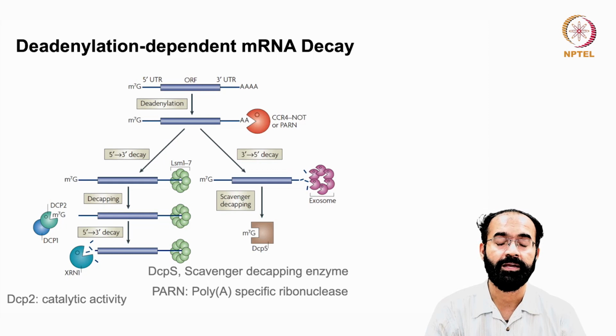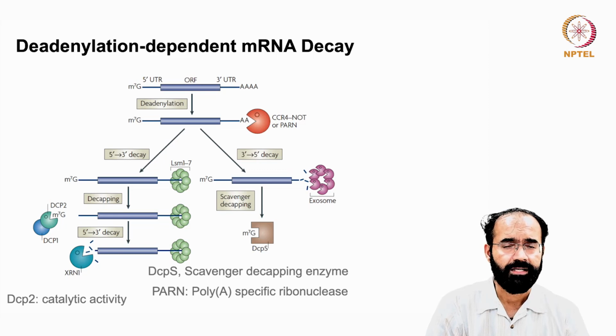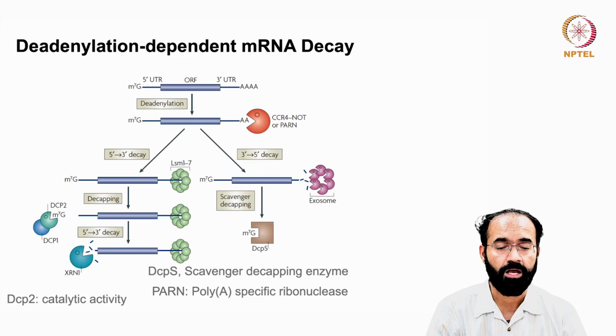Then it is okay for XRN1 also, because once the decapping has happened or the 7-methyl guanosine is removed, then XRN1 can start acting on it. So whichever situation, whether it is via the DCP1-2 complex or via DCPS, if decapping has happened, it is an attractive substrate for XRN1, a 5' to 3' exonuclease activity.